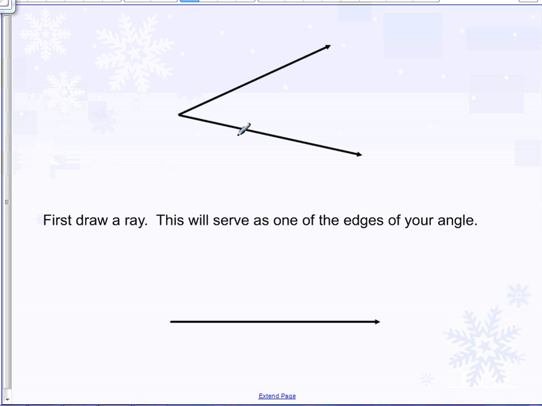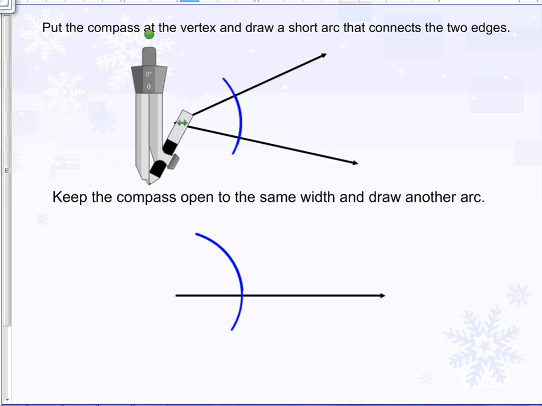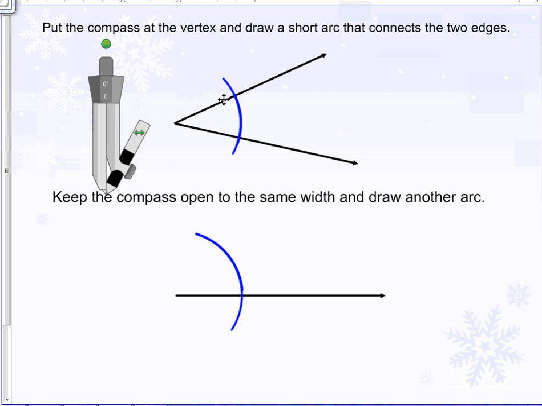The first thing you're going to do, just like with the congruent segments, is draw a ray. As it says here, this will serve as one of the sides of your angle. The next step is that you are going to put your compass at the vertex and draw a short arc that connects the two edges.